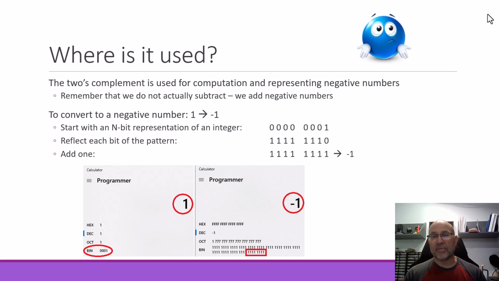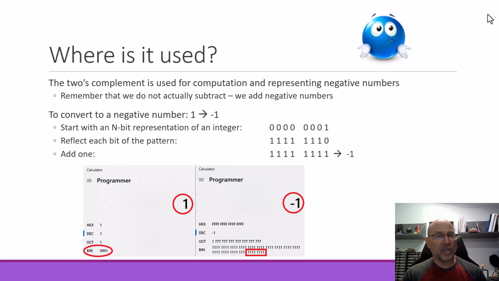So the example that I've got here is converting a 1 to a negative 1. And we start with, however many bits your system is. This is 8 bits, for example. So there's the value of 1, all zeros, and a 1 in the last binary digit. We reflect the pattern. That's our ones complement. And then we're going to add 1. And we get all ones is our pattern. And now that means negative 1.